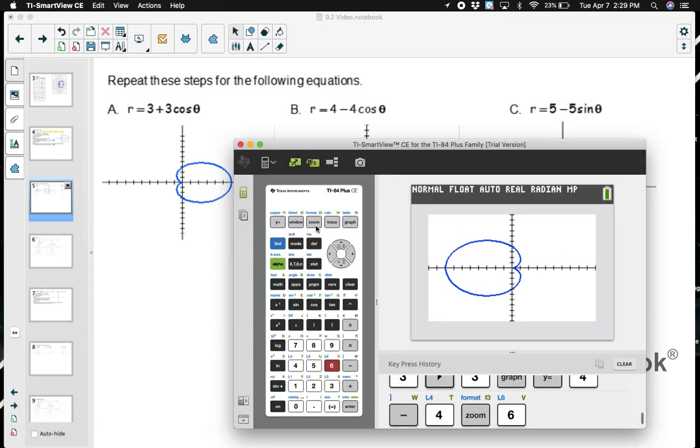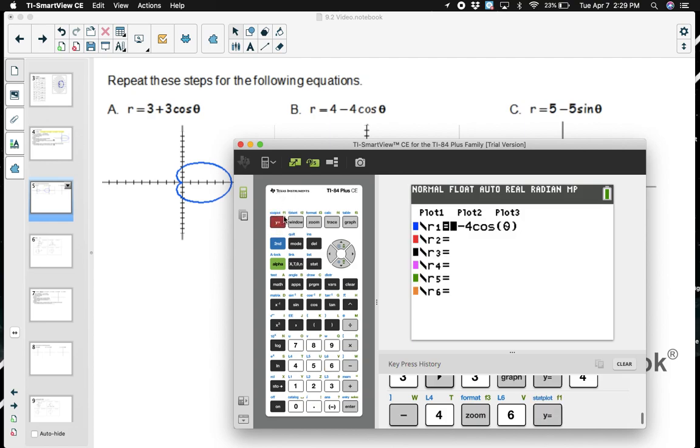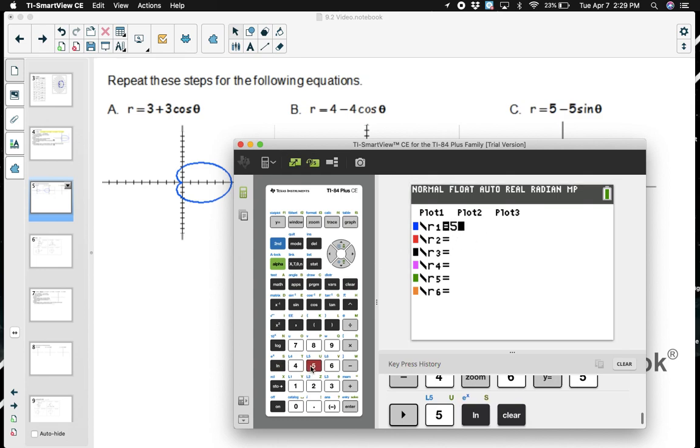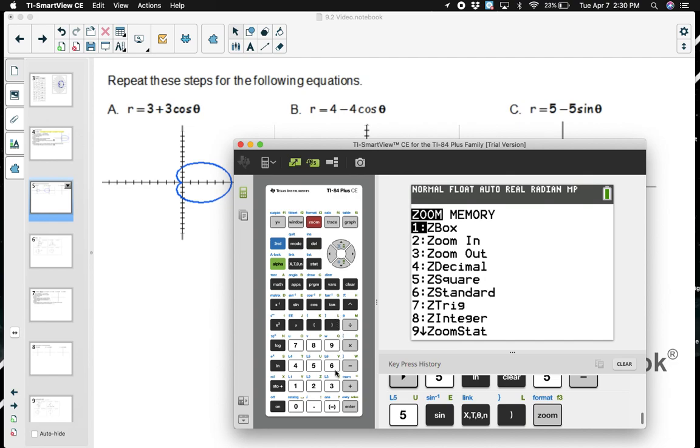And the last one, which is 5 minus 5 sine. Oh, 5 minus 5 sine theta. What is it? Zoom 6.